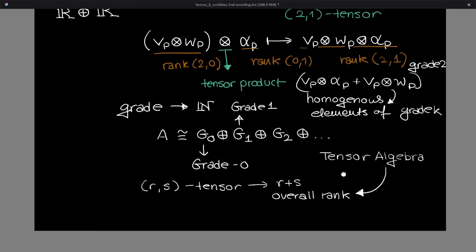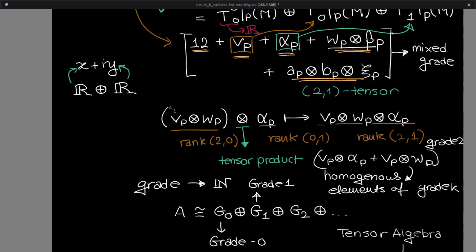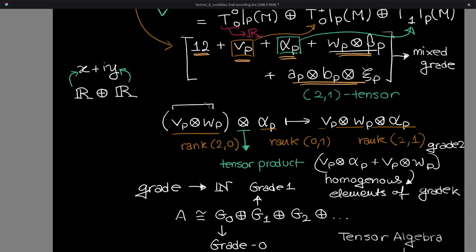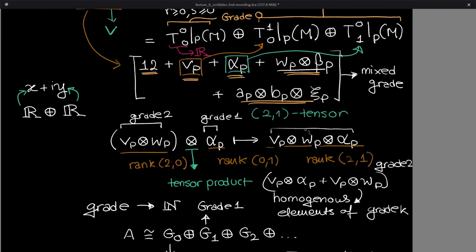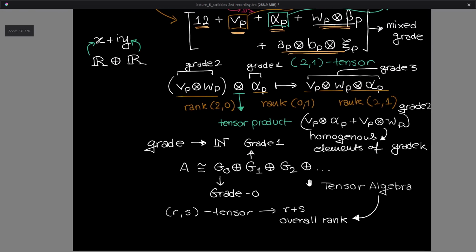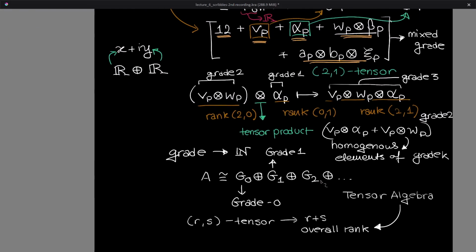Now that we've talked about grades and gradings, one last thing: this is grade 2, and this is grade 1, and the tensor product produces a grade 3 element. This is what gives the grade some meaning: the product will add their grades.